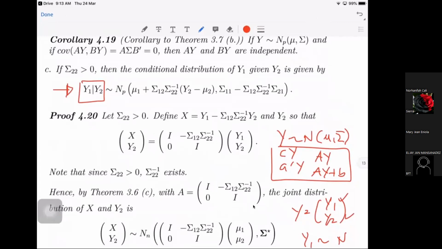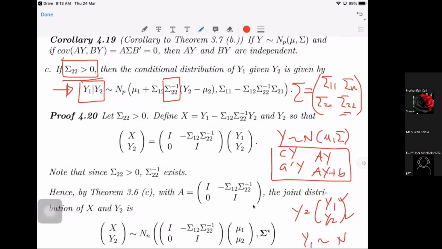The condition here is that your covariance matrix sigma, which was also subdivided into these partitions, must have sigma 22 positive definite, because in the formula you need the existence of the inverse of sigma 22.